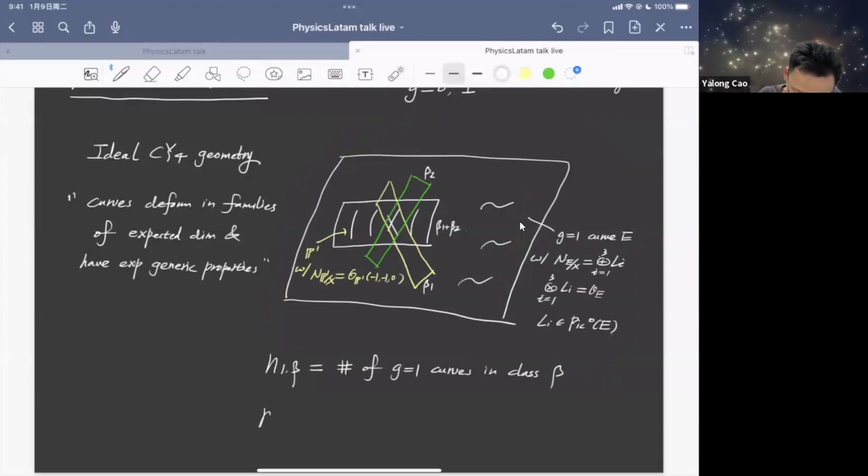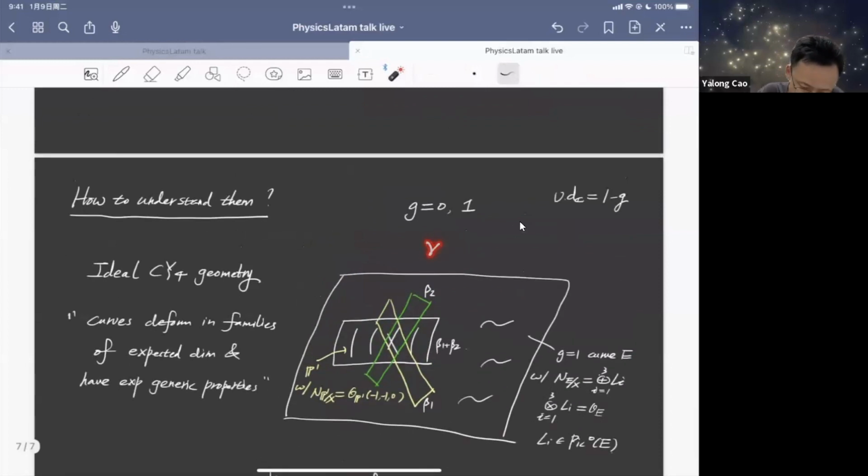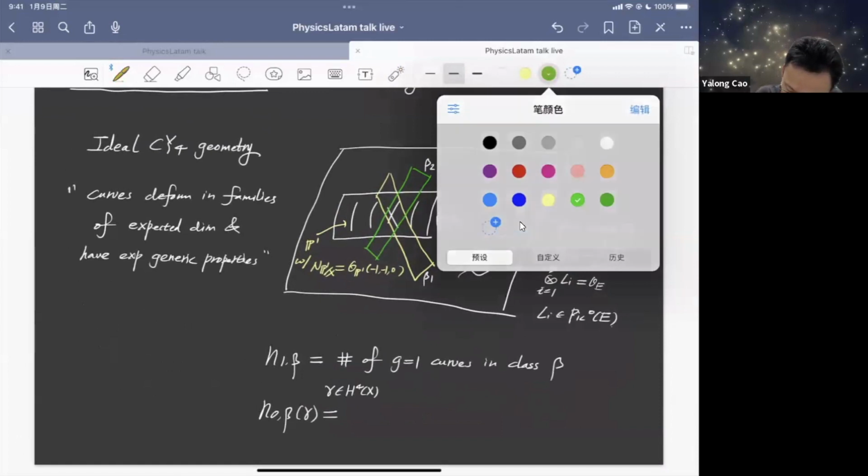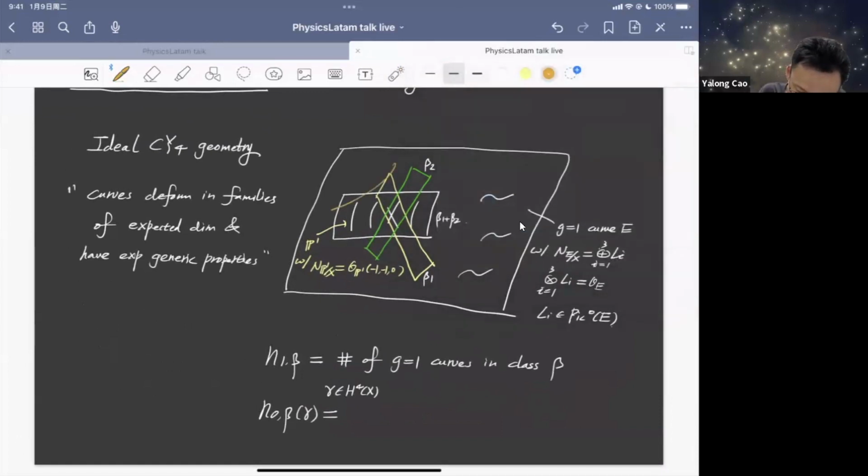And similarly, you have N0 beta gamma, which depends on some extra 4-cycle. Remember, gamma is some 4-cycle. So now this 4-cycle, let me change the color, is something like this.